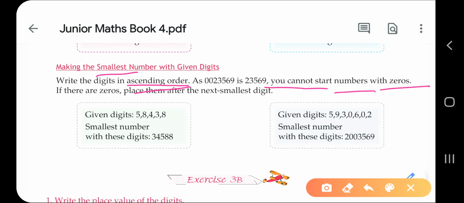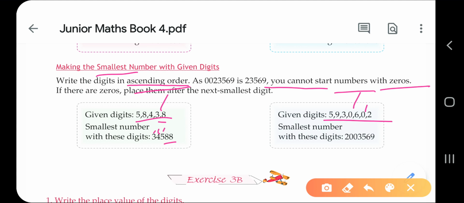Okay, so given digits are this, so find the smallest one. 3 is the smallest number, so put it in the first place, and after that 4, 5, and the 8 and 8 both are equal, so we will put them together. Okay, again the given digits are this, and see that there are zeros, so the 0 is the smallest, but we will not start this number with 0.